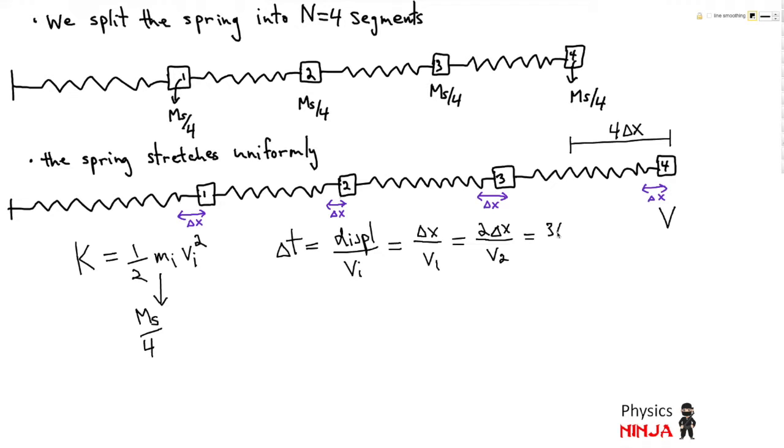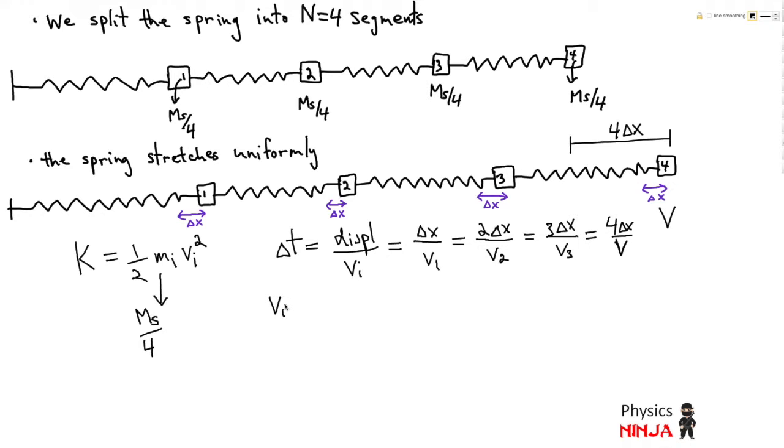Block number 3 is going to have a displacement of 3 delta x with a velocity v3. And the last step is 4 delta x, and I'm just going to write its velocity as v and drop the subscript 4.